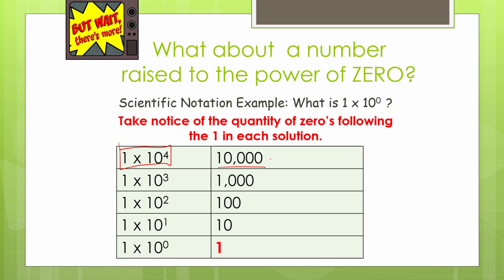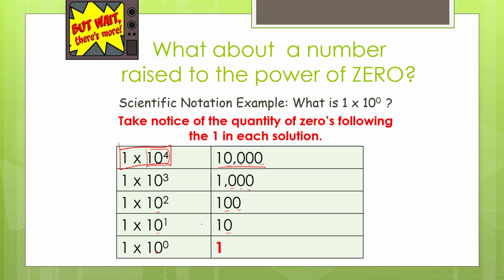Well, this is an interesting problem. We're multiplying by 1 times a base 10 exponent, and we have a base 10 exponent here that has a 4th power. Notice how many zeros I end up with in my solution. 10 to the 3rd power, 3 zeros. 10 squared, 2 zeros. 10 to the 1st power, 1 zero.